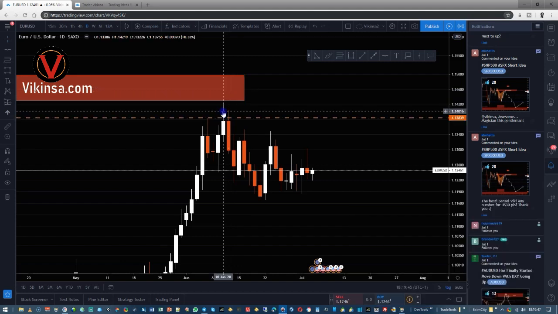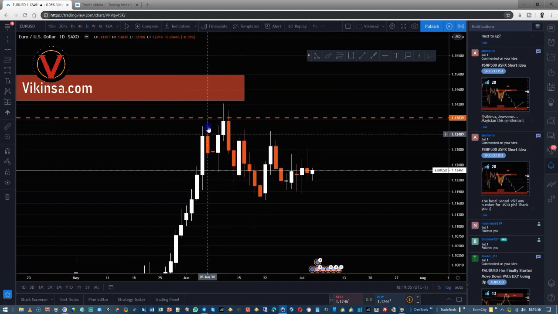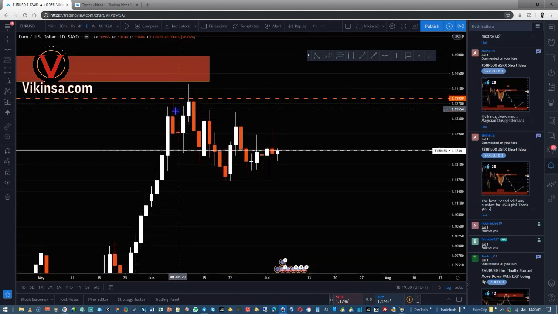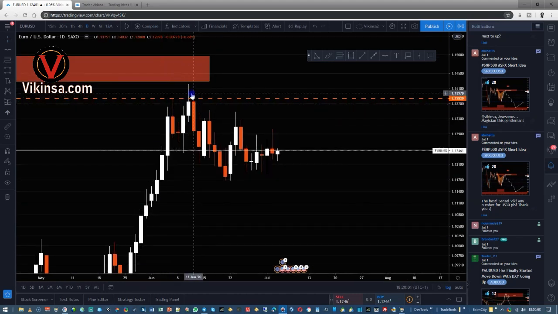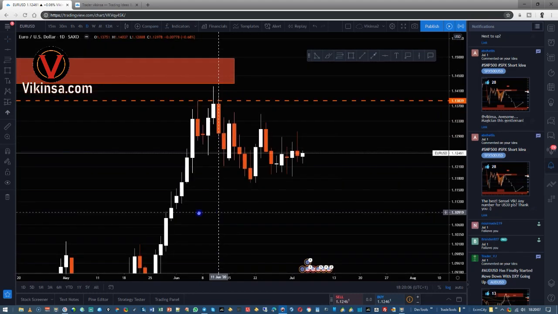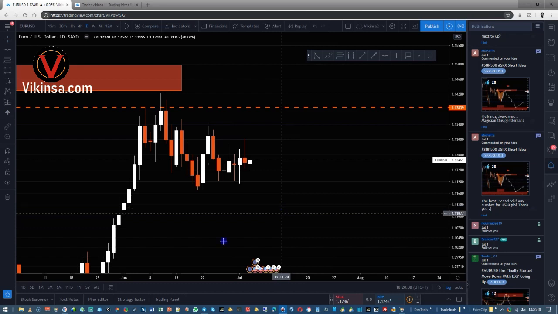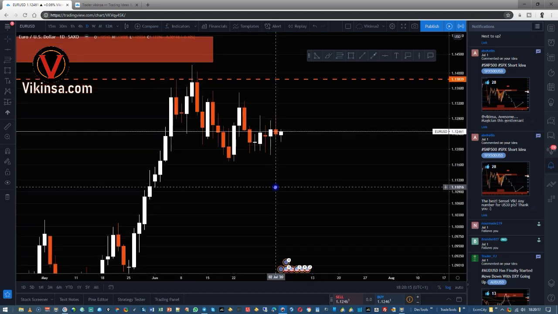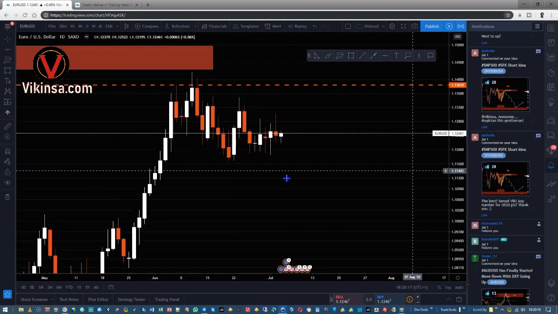But that never happened because we had a very good Fibonacci level lining up with another one on the daily time frame, and that's why the market reacted once and then again reacted twice. There is another thing, which is a double top kind of pattern around here, which showed that market was going to go down. So most of the traders base their decisions just on one time frame, and that's why they get caught. They look at one particular structure or one candle and they think that this is going to go down or up.